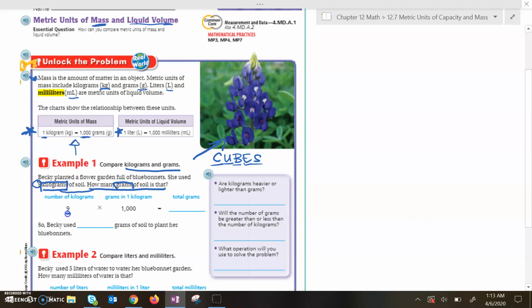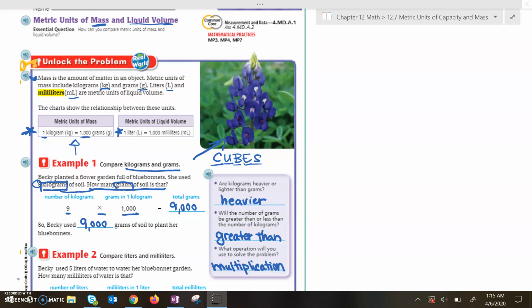So right now it's telling us we have 9 kilograms. So pretty much we have 9 sets of 1,000, 9 times 1,000, which would give us 9,000. So Becky used 9,000 grams of soil to plant her bluebonnets.